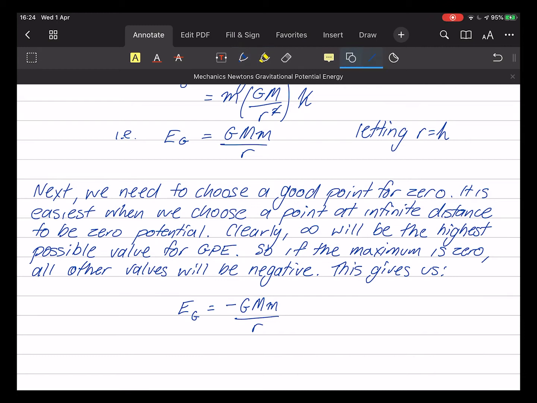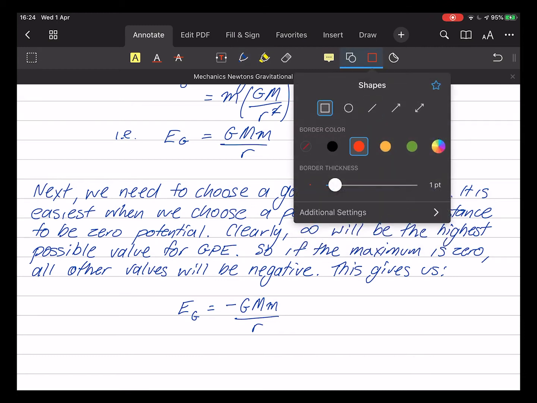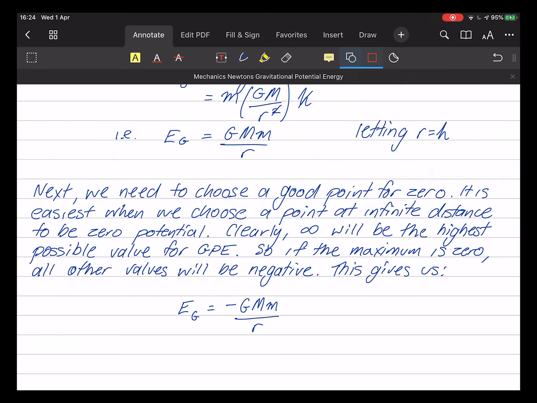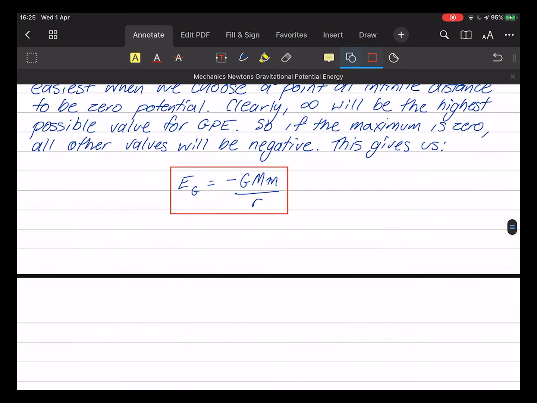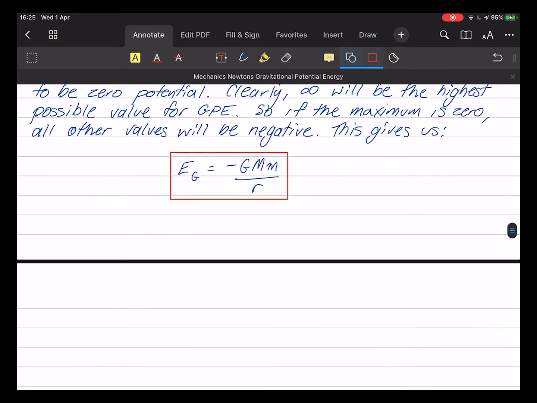That's probably worth highlighting. So there we go, an expression for the gravitational potential energy of a body.